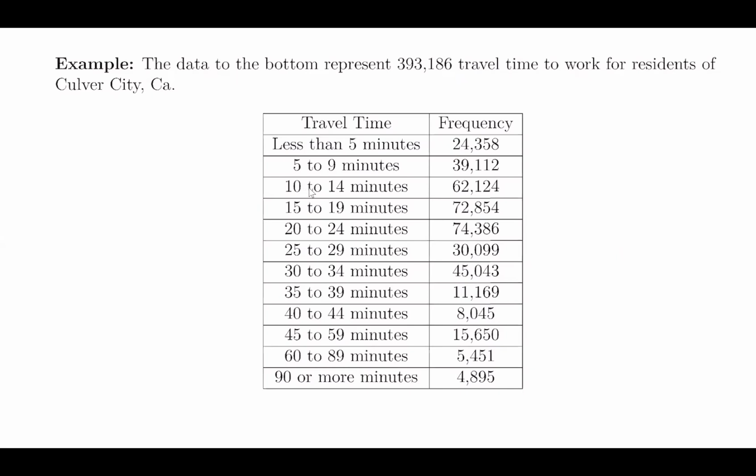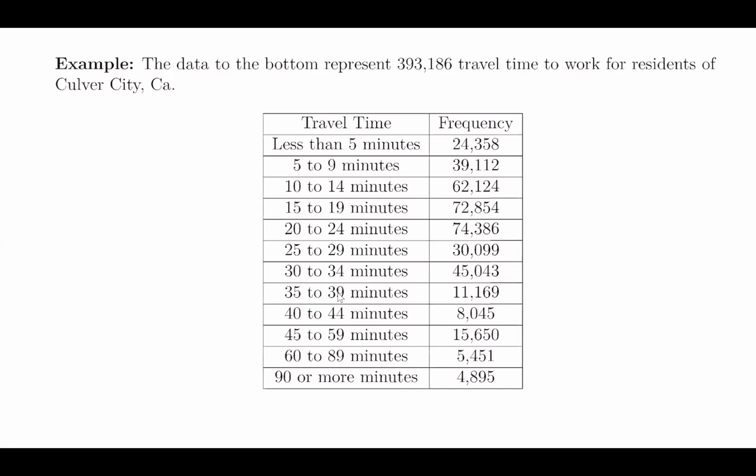No, that's not possible. Either you fall between 5 to 9 minutes, 10 to 14 minutes, or 16 to 89 minutes, but it's not possible to be in more than one. So this will be considered mutually exclusive. You fall into one of these categories, you can't fall under multiple categories.